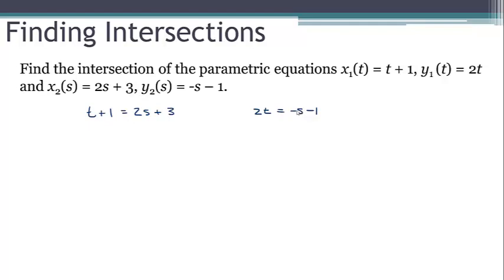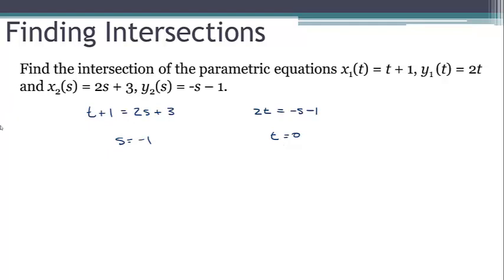Now, solving this system of equations, you can do this, like I said, using your favorite method, either substitution or elimination. Doing that is going to give us s = -1 and t = 0. Now, this isn't the final solution. We're looking for the x and y coordinates, not the values of the parameters.